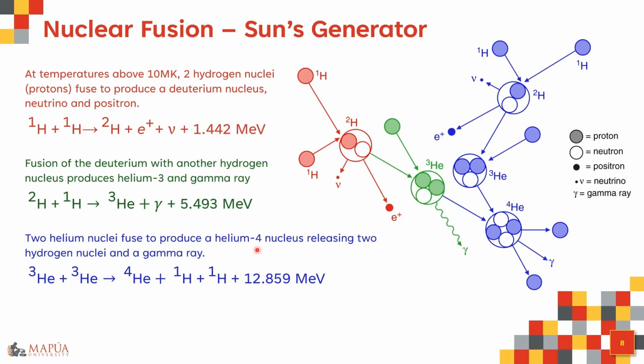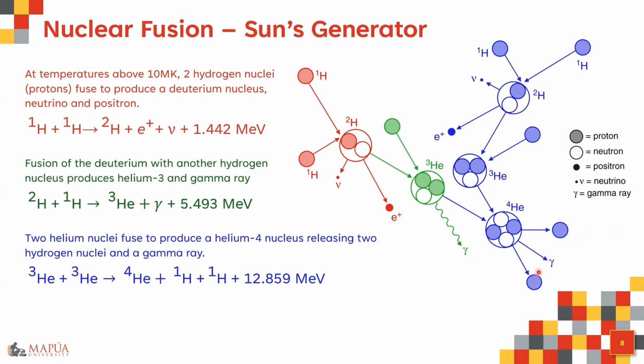So what does it mean? For the whole process, you have to produce this product of helium-4 and 2 protons, so you have to have 4 protons, 1, 2, 3, 4, to produce a helium-4 nucleus and 2 protons.